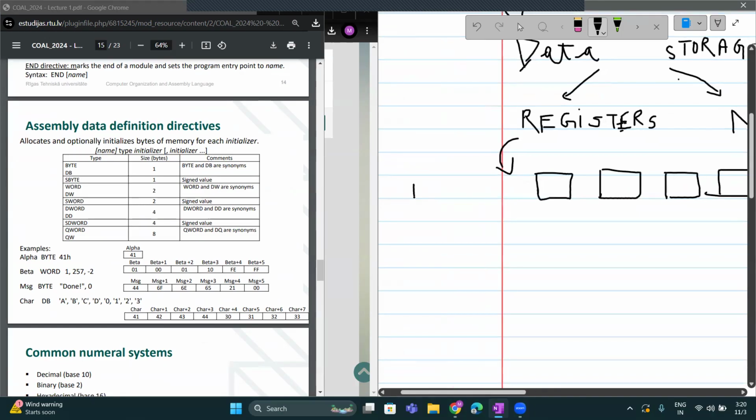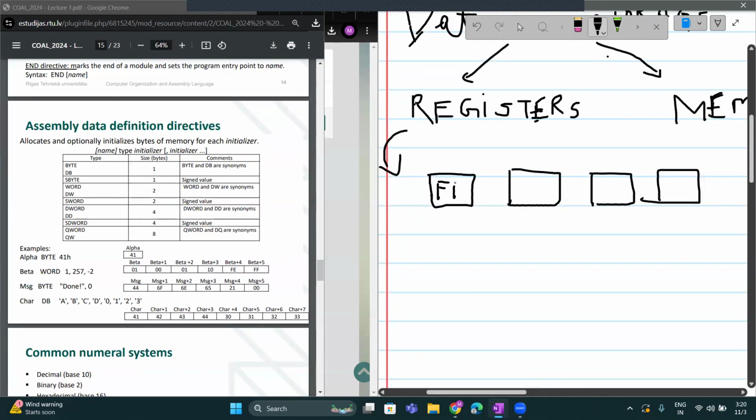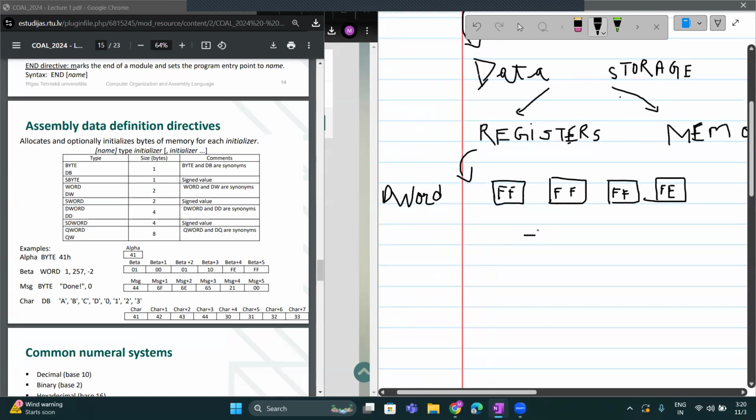So, for example, this is a double word, and in double word format, for instance, I can write here FFFFFFFE, and this is -2 in decimal format.